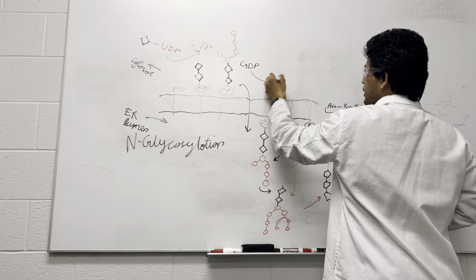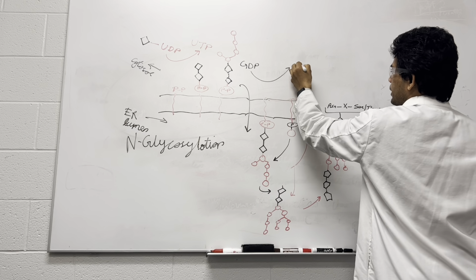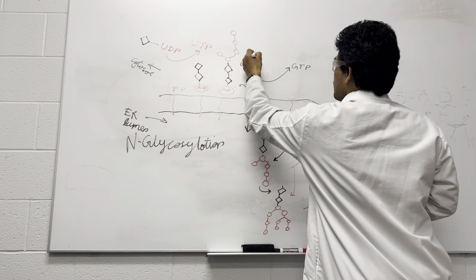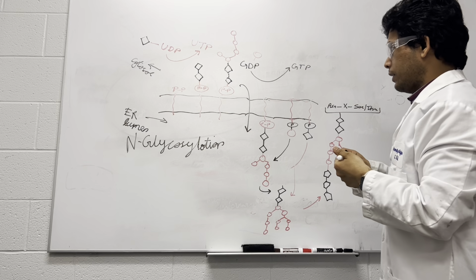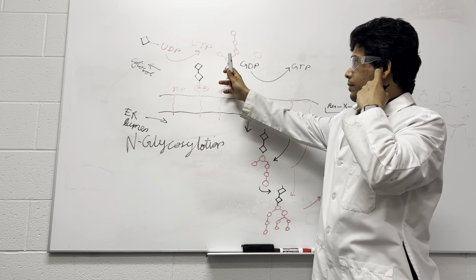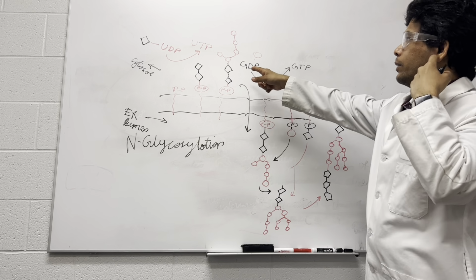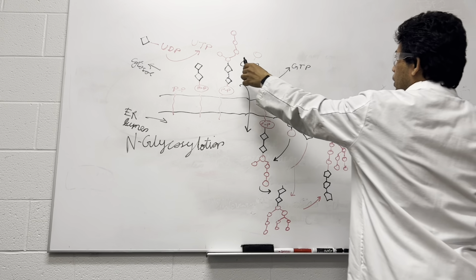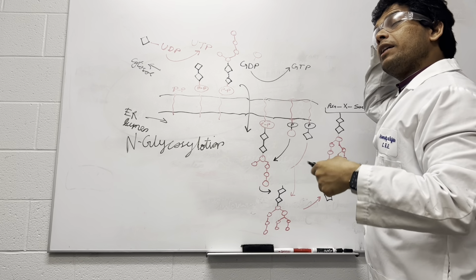GDP comes and reacts with the ER membrane to form GTP, and it has mannose in it, and it will release that mannose that will link to this N-acetylglucosamine, and 4 of this mannose link above in the cytosol.